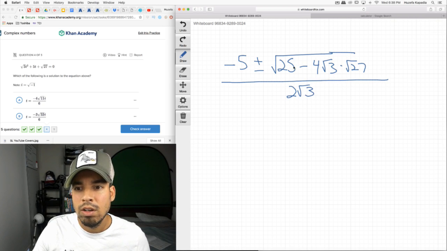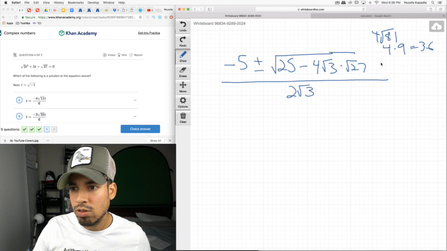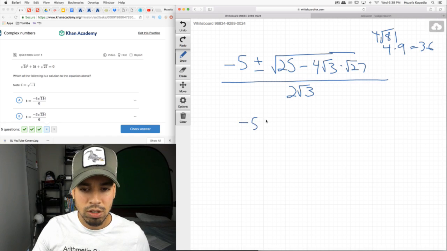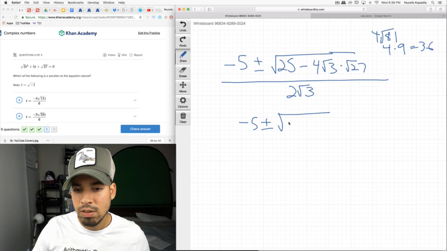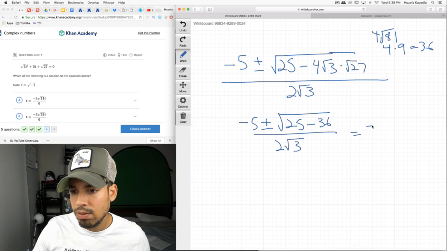Okay. So this evaluates to 3 times 27, because these are under the same square root, right? So they can actually multiply, becomes 4 rad 81. But the square root of 81 is 9. So this becomes 4 times 9, which is 36. So negative 5 plus or minus square root of 25 minus 36 over 2 rad 3. 25 minus 36 is negative 11.